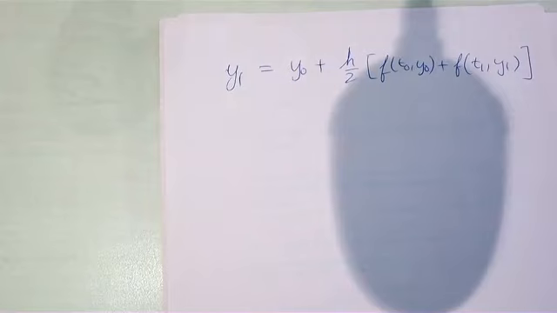Okay? So that is what we want. We want to find out what y1 is. Because y0 is given as initial data, we always have it. So now how do I find y1?